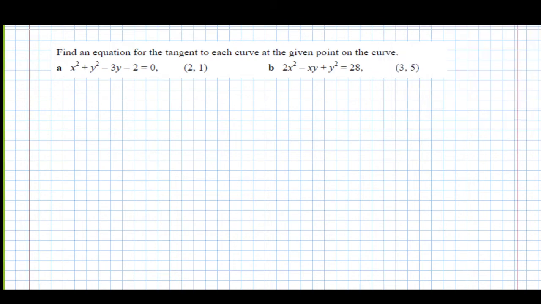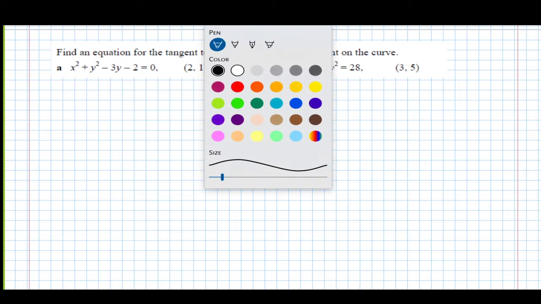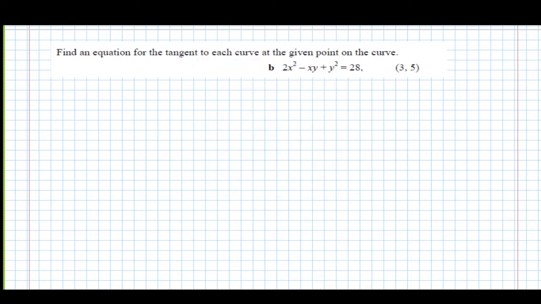I'll just get rid of part A here. So find an equation for the tangent to each curve on the given point on the curve. So we're given the point 3, 5. We're given both an x and y coordinate. Have a go. Take a moment.